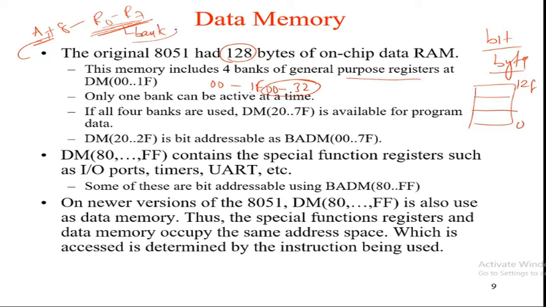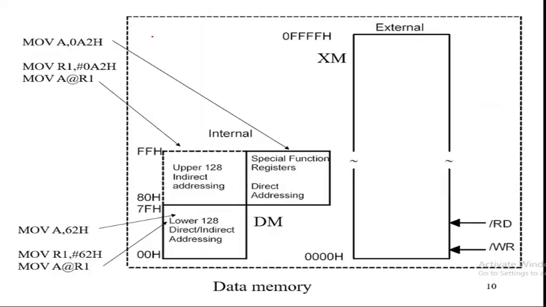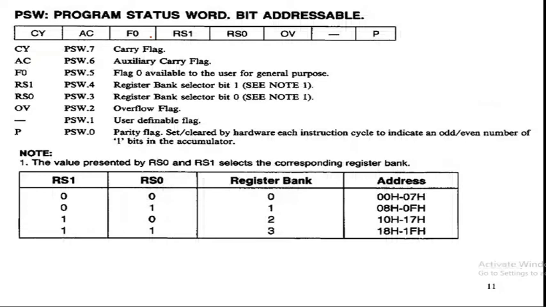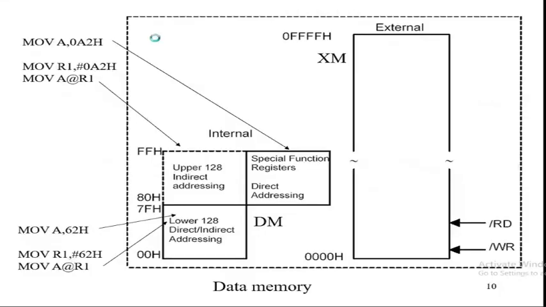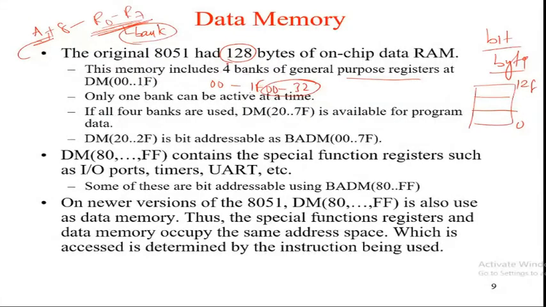This bank allocation is defined in your program status word, which we will see later. The complete registers are divided into four banks: bank 0, bank 1, bank 2 and bank 3. Bank 0 gets 8 addresses, 00 to 07.